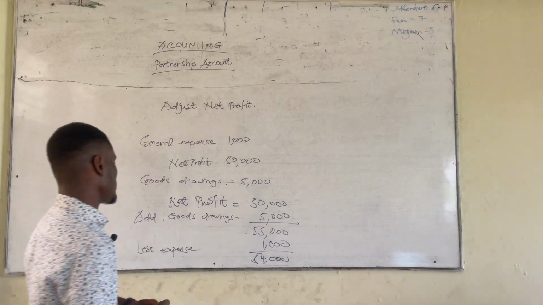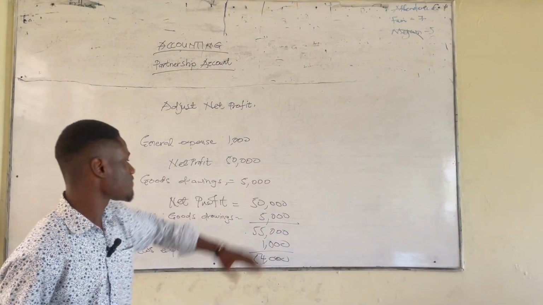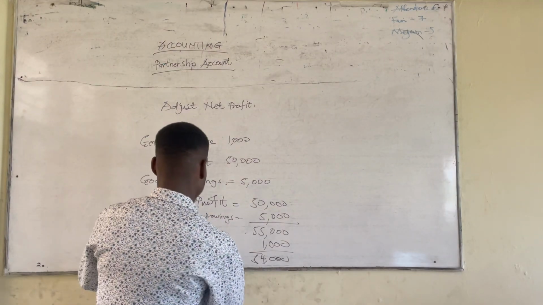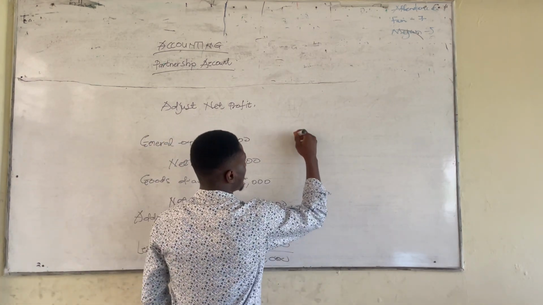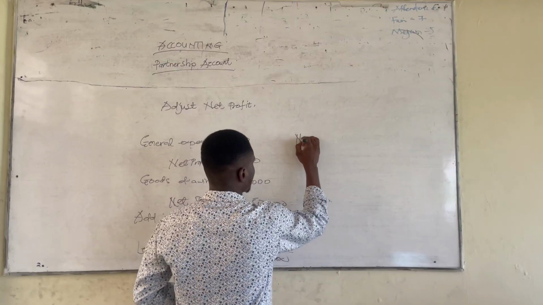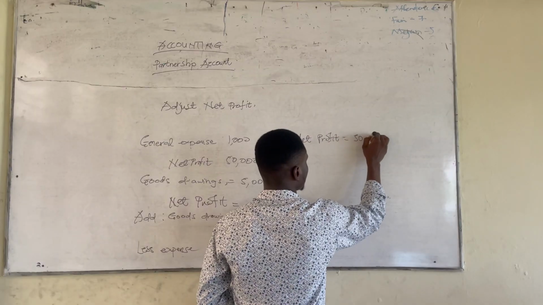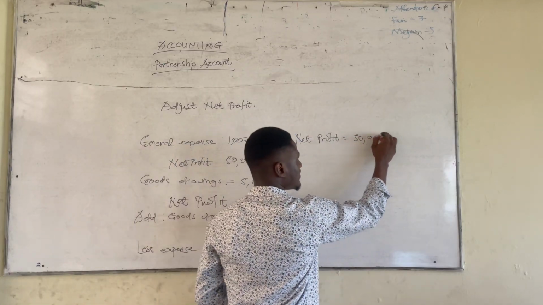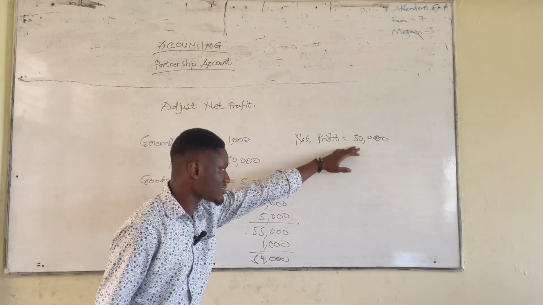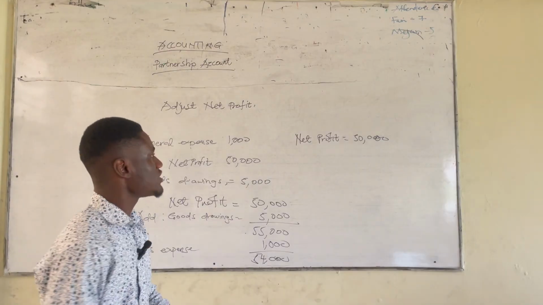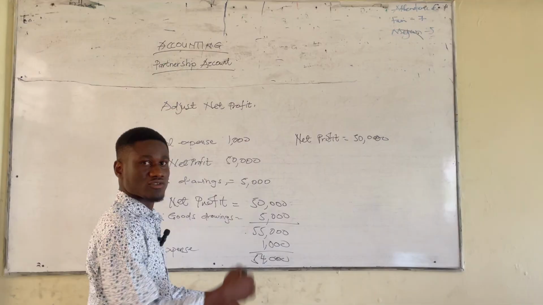Let's come back to this explanation very well. We have a net profit of 50,000 in our income statement. If I make more expenses, money is getting out of my pockets, money is getting out of the business.